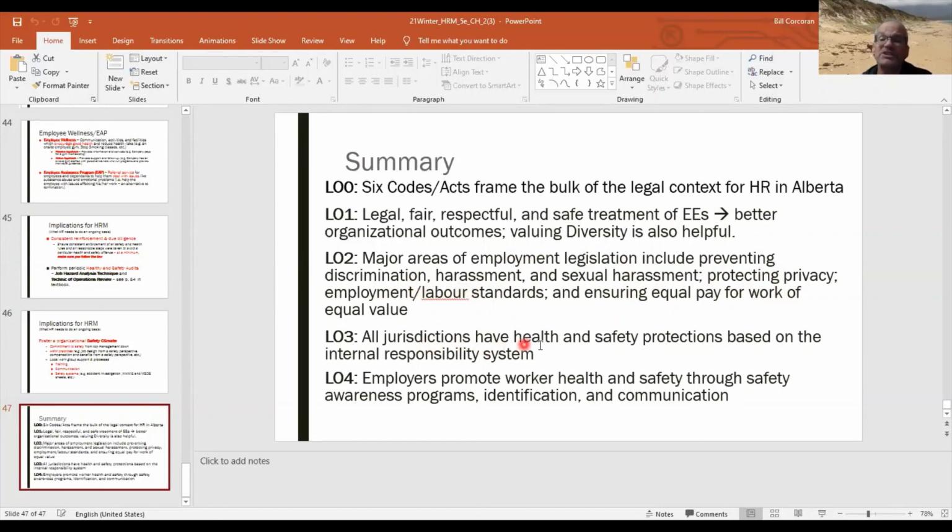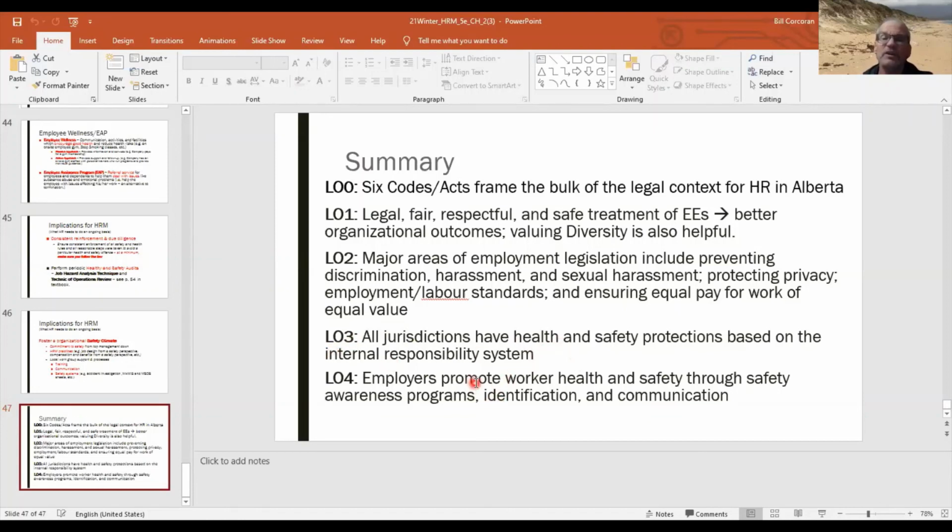Number 3, all jurisdictions have health and safety protections based on the internal responsibility system. And that whole idea is 2 things really: the fact that accidents are caused by unsafe practices and unsafe working conditions, and all 3 parties, which are employees, employers, and top managers, have equal responsibility in order to make sure the workplace is safe.